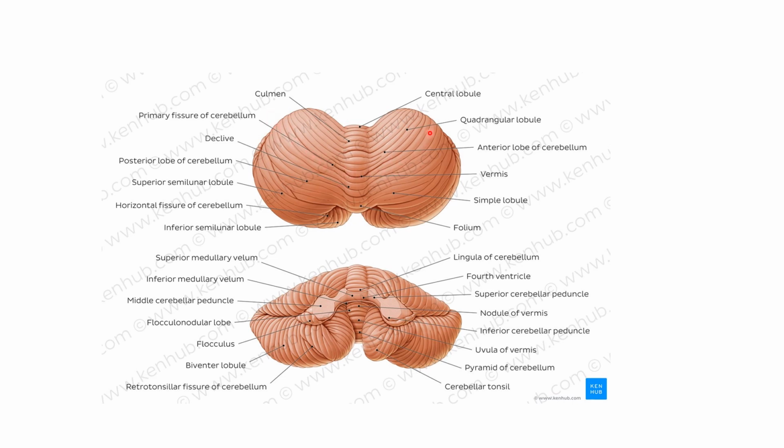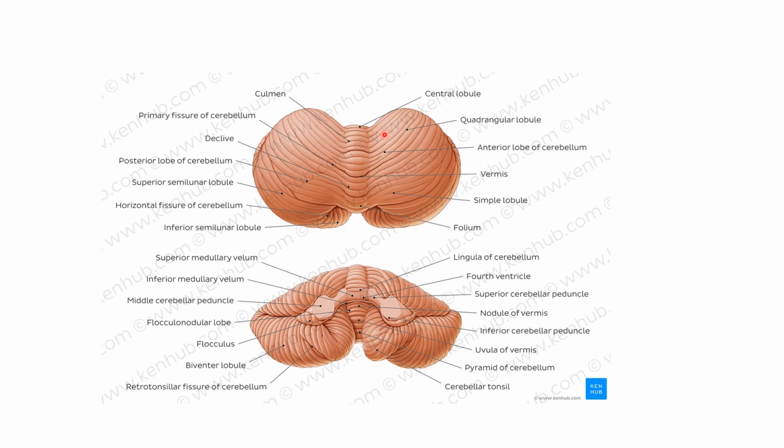There are three main fissures which divide the cerebellar surface into the different lobes. This is the primary fissure which divides the whole cerebellum into the anterior lobe and the remaining posterior lobe. So this is the anterior lobe and this is the posterior lobe.